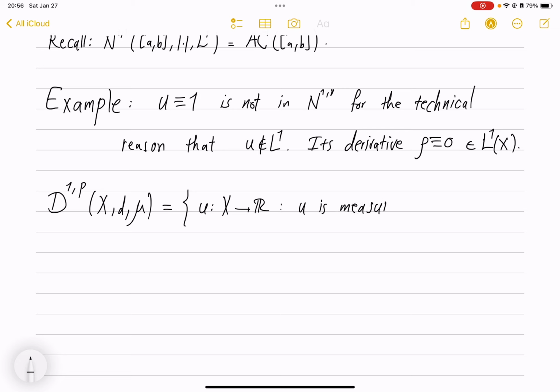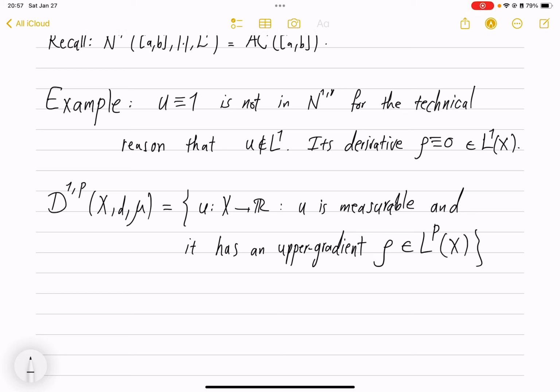We don't require any integrability, even locally, but it has an upper gradient, which is, remember, a Borel function satisfying the upper gradient inequality along every rectifiable curve, and it has an upper gradient rho that is LP integrable. This does include constant functions because rho is 0 and we don't require any integrability of the function itself. So this is a quite interesting class of functions.